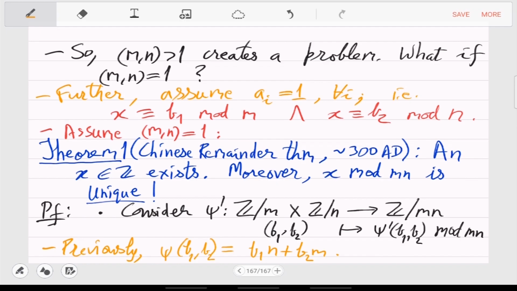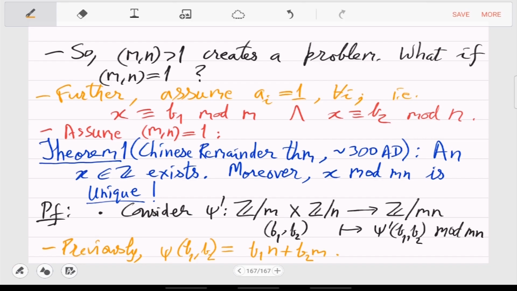Exactly. So this extra factor that it is giving you, n, you basically remove it, but you cannot truly remove it. You cannot just say that I will use B1 plus B2, right? Because if you use B1 plus B2, then what is B1 plus B2 mod m? Then it is something arbitrary. It doesn't have anything to do with B1 then, right?